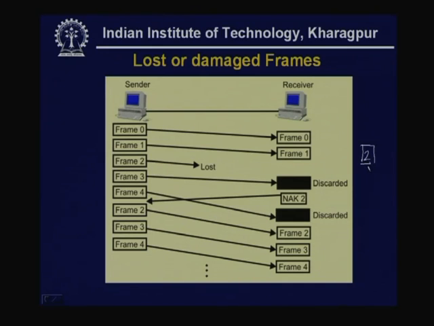So, it can receive only frame 2, no other frame can be received. So, here the frame 3 is discarded. At the same time, it sends one negative acknowledgement NAK 2, and after receiving that NAK 2, the sender will again send 2, 3 and 4 because it is using go back N ARQ technique. So, how the lost frames are tackled is explained here.